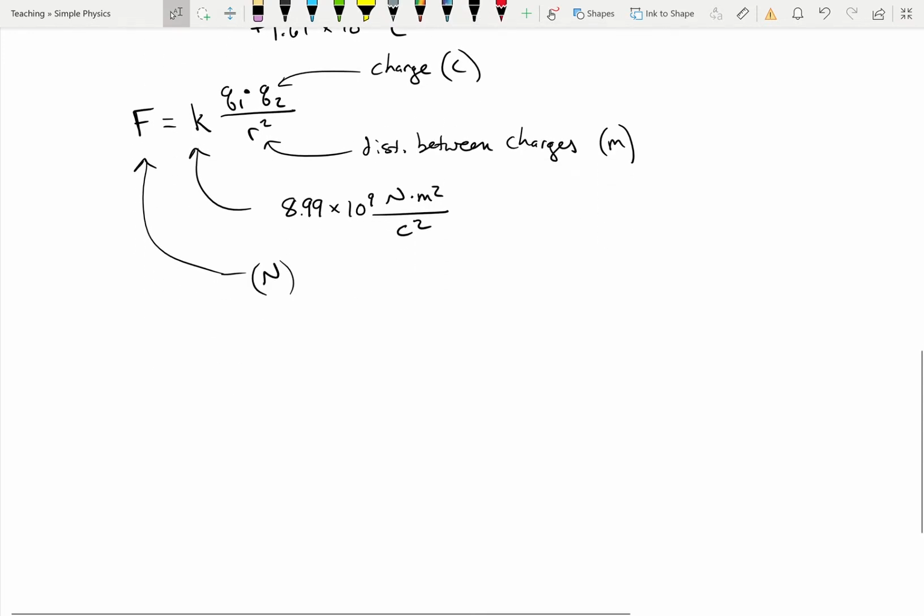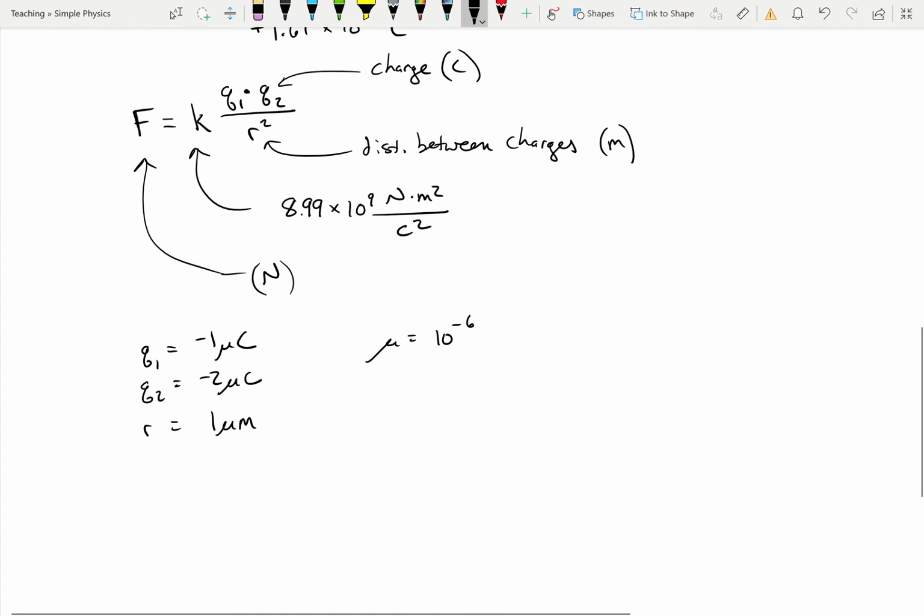So let's work a quick example problem. If we are given charge 1 to be -1 microcoulombs, and remember micro is 10 to the negative 6th, Q2 is -2 microcoulombs, and the distance between the two is 1 micrometer.